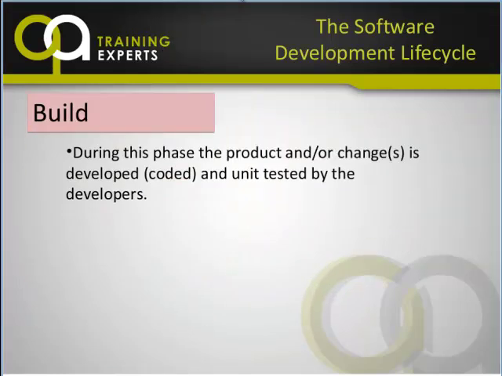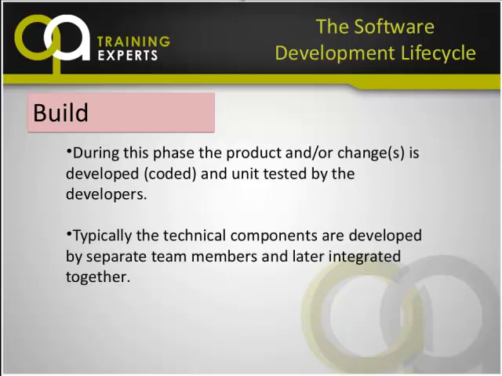So we give it to the developers, and they build the system. During this phase, the product and or changes to an existing product, I keep putting the and or, is developed. It's coded. It's programmed. Okay, let's just ignore for right now this piece.